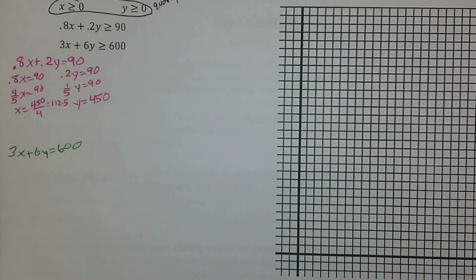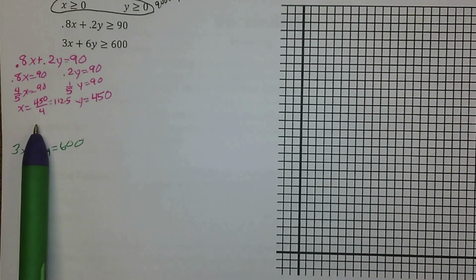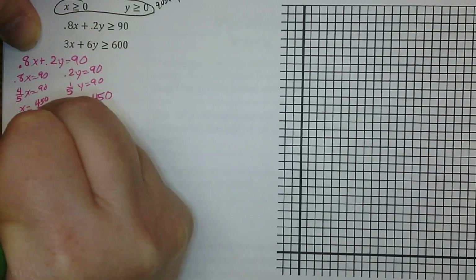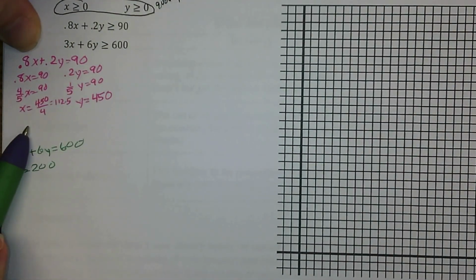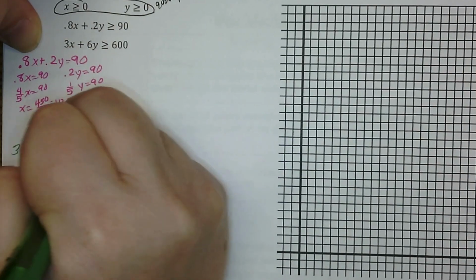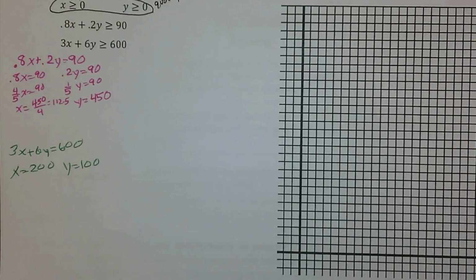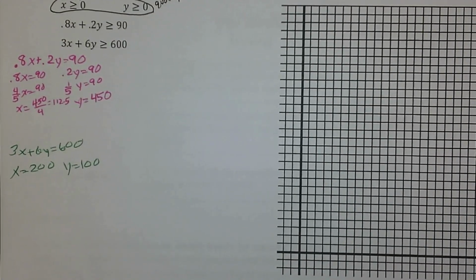So this one looks better. 3x equals 600, so x equals 200. 6y equals 600, so y equals 100. So it looks like our x needs to go up to 200, and our y needs to go up to 450.